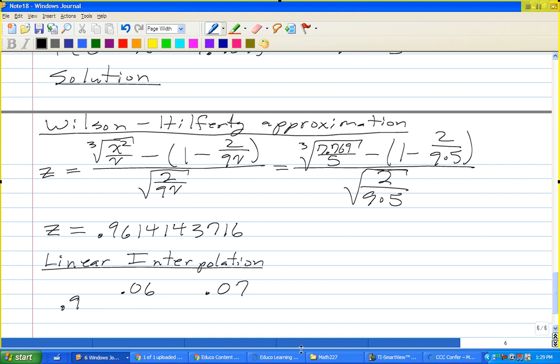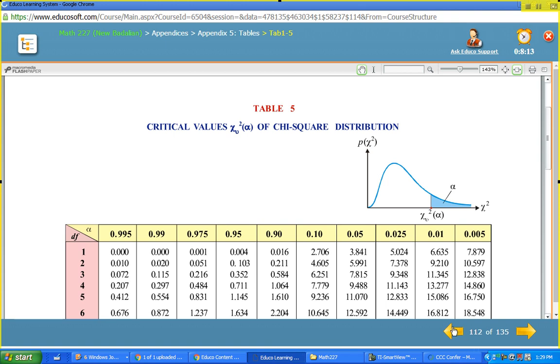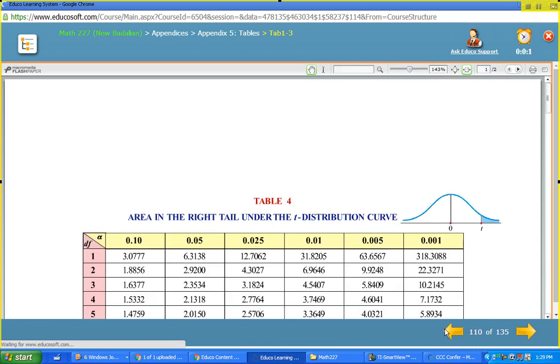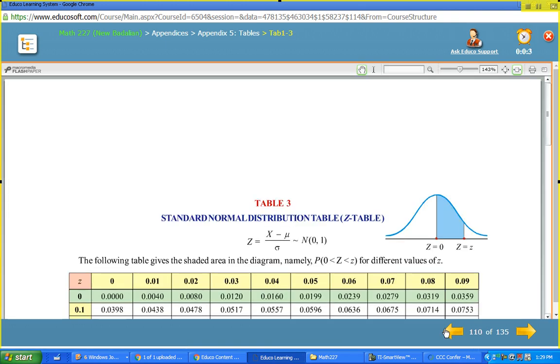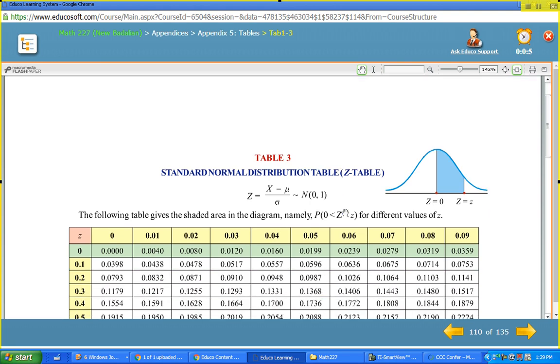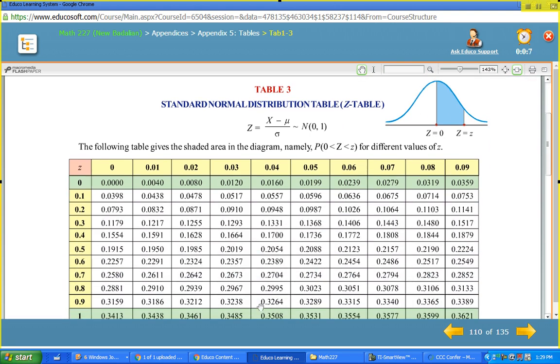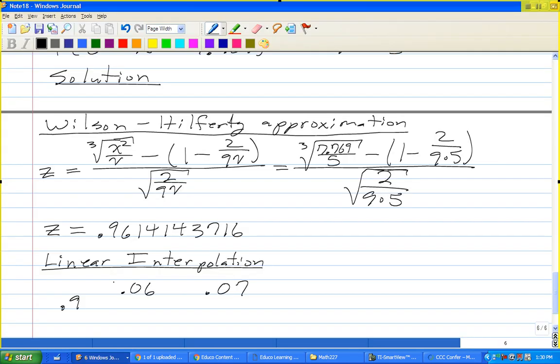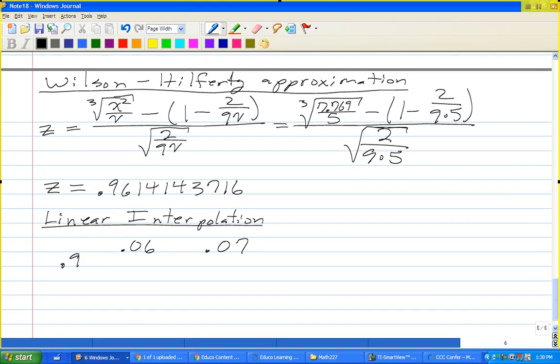So let's look in our table, between 0.96 and 0.97: 0.3315, 0.3340.